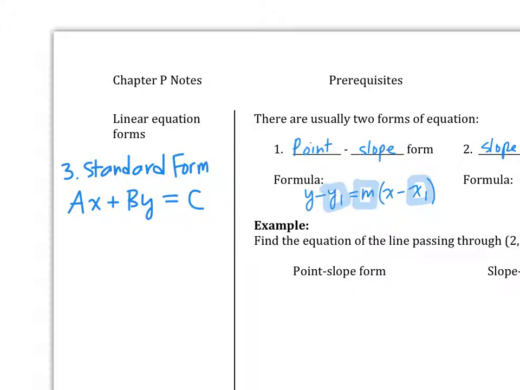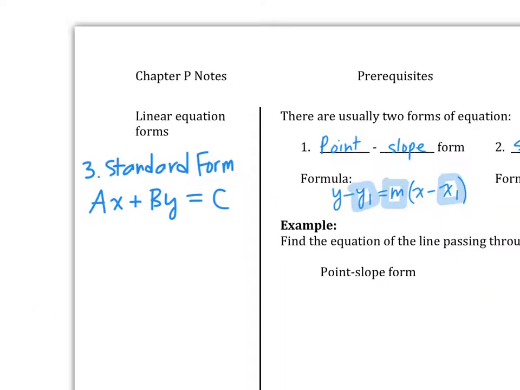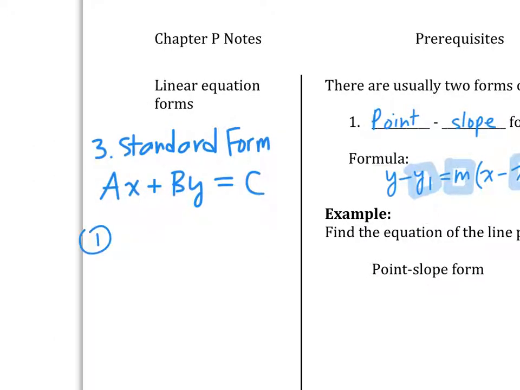Now, those a, b, c's are a little bit interesting. So the first thing is a, b, and c have to be integers. What are integers? 0 and positives, that's called whole numbers. And they're opposites, so all the negatives as well. Which means, can I have fractions?